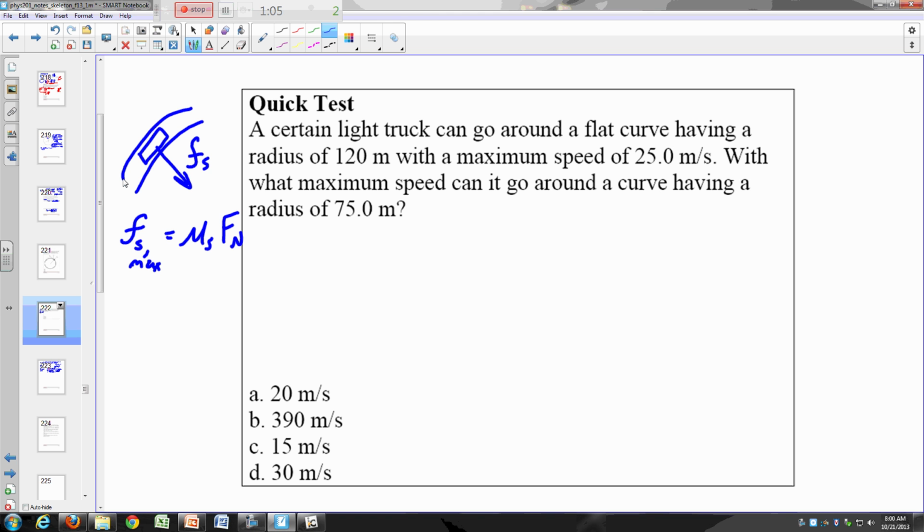Your static frictional force is your centripetal force, so you can find that. Then you can find mu, and then you can find the speed going around this smaller curve, which should be a larger or smaller speed, do you think? If you make your curve tighter, what's the speed limit going to do? Go up or down? It's going to go down, right?